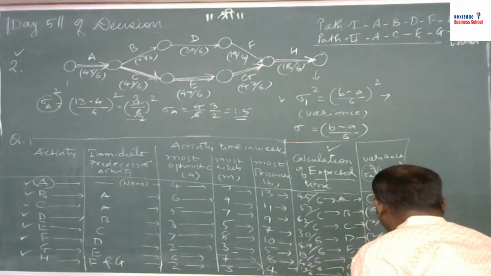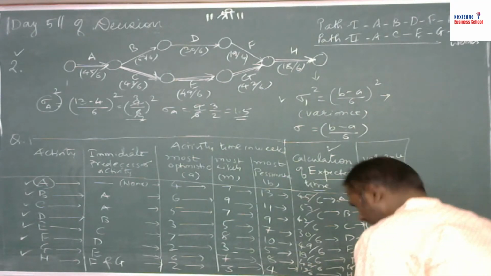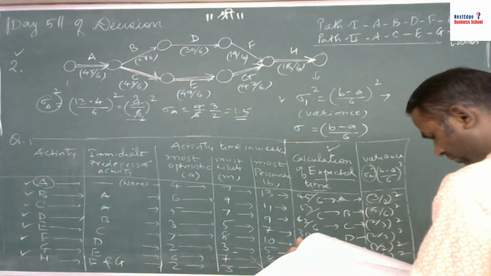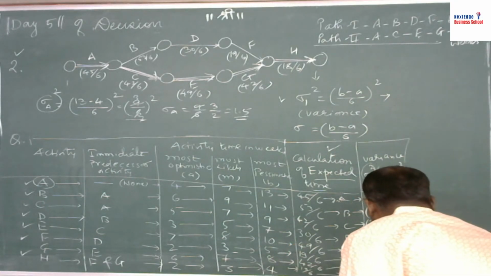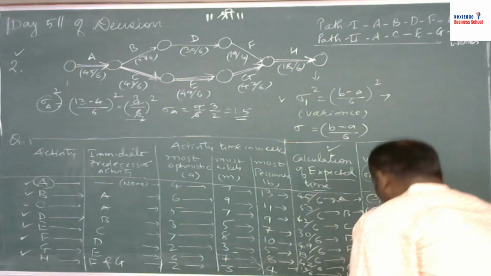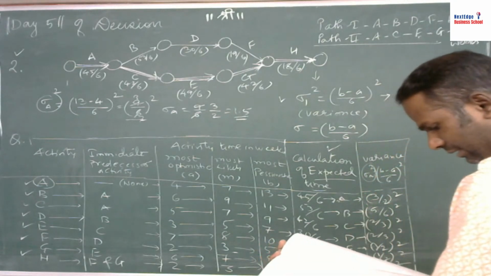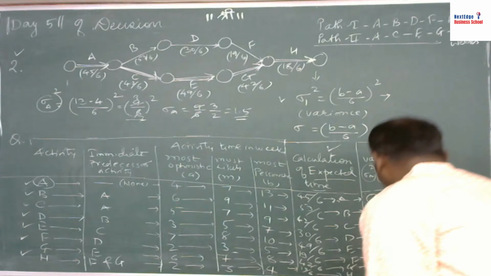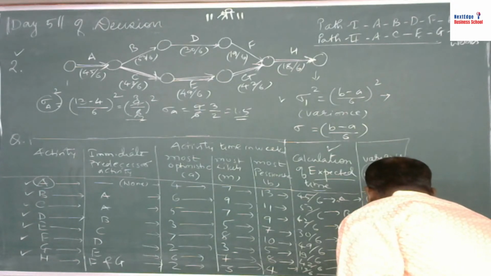G के लिए क्या आएगा? It's 1 by 3 का स्क्वायर. और H के लिए क्या आएगा अगेन? It's again 1 by 3 का स्क्वायर.